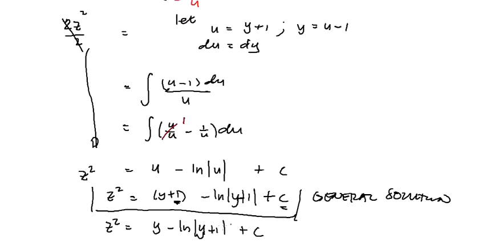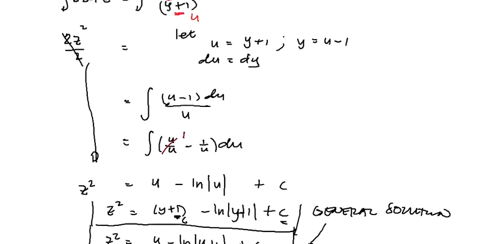Once again, you can express your general solution in terms of an equation like this or like this, or you can simplify it further by combining this constant 1 to our constant of integration. So both general solutions here are acceptable.